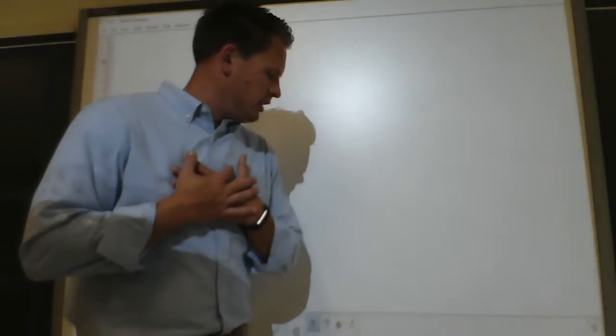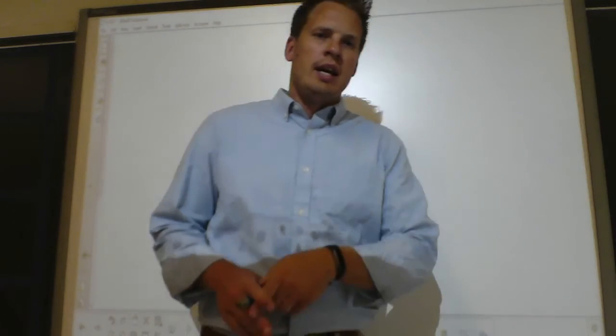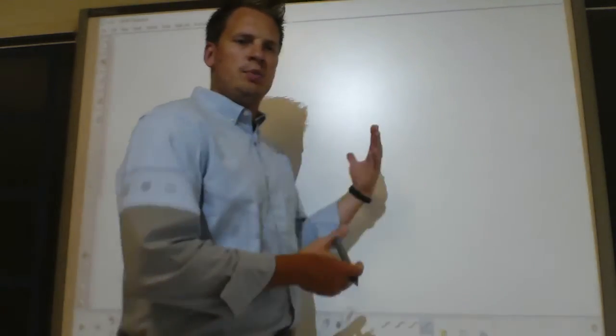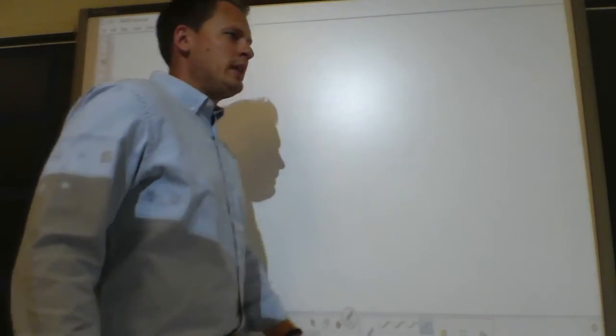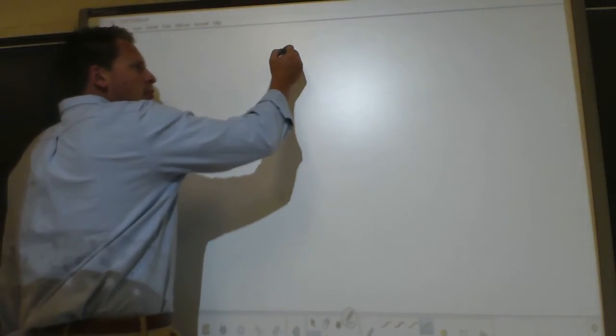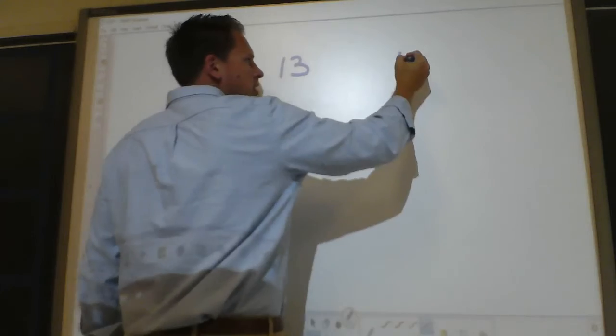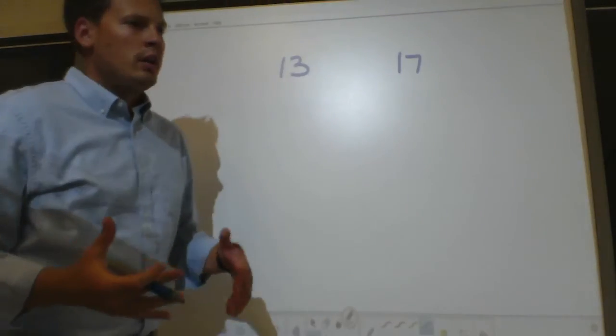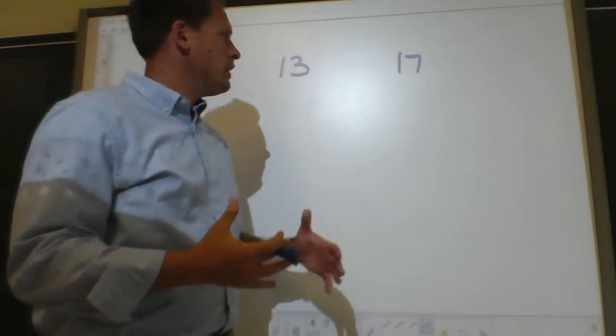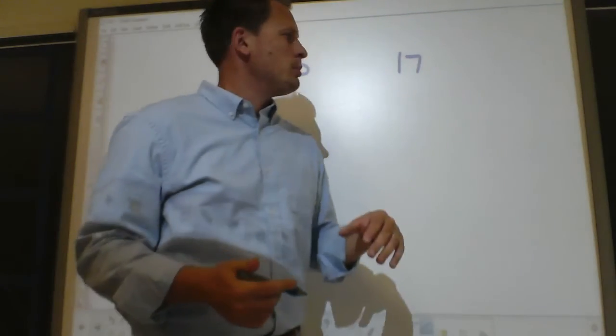It actually got nicer. My very first year of teaching, I didn't teach people how to find the least common multiple like this, and I would make them find the least common multiple of the number 13 and 17. And they were given no calculators. They were given no information on how to do it. I just said, find the least common multiple.